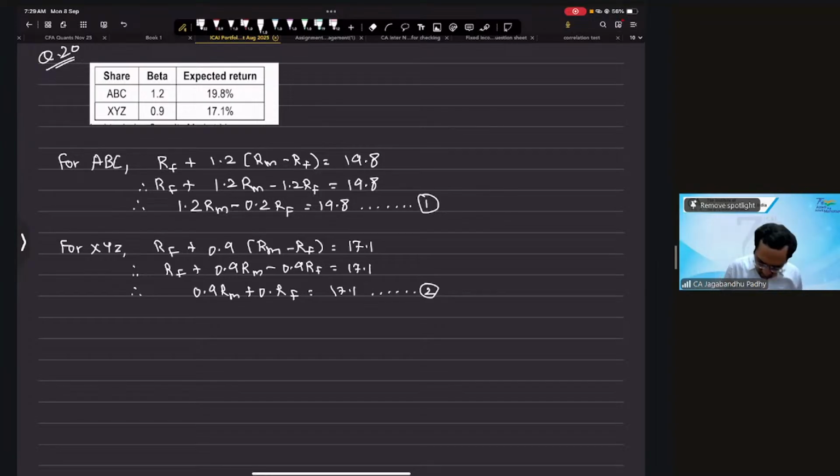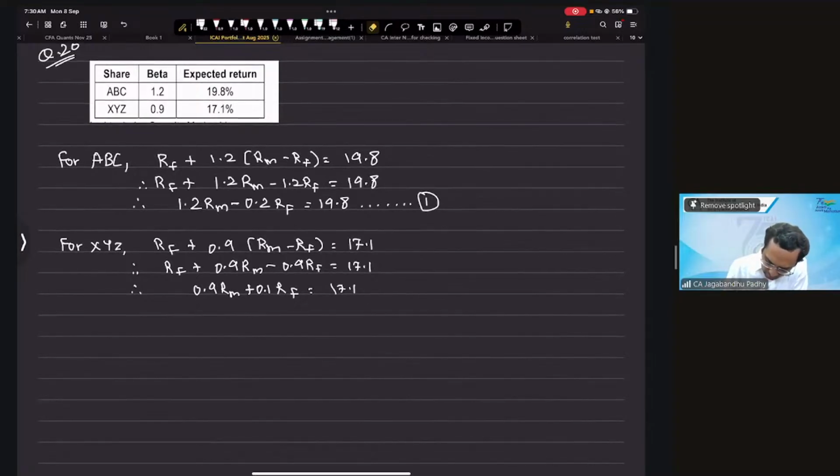Can we solve these two equations and get the values? Yes. So 1.2 RM minus 0.2 RF is 19.8, and then we have 0.9 RM plus 0.1 RF is 17.1.